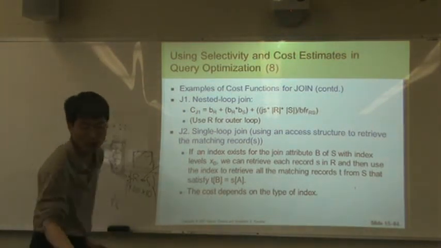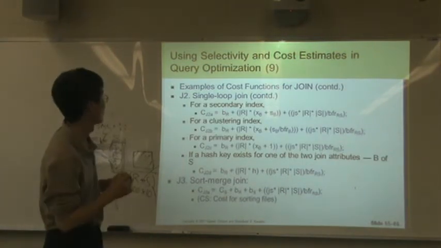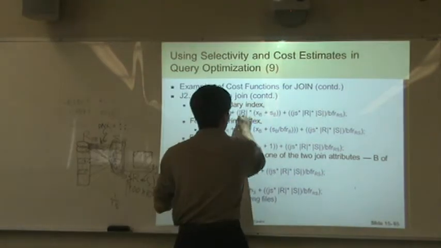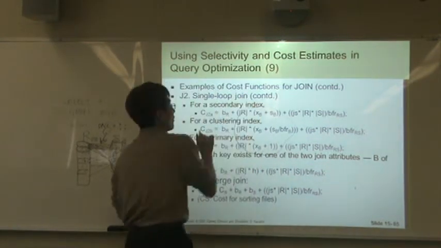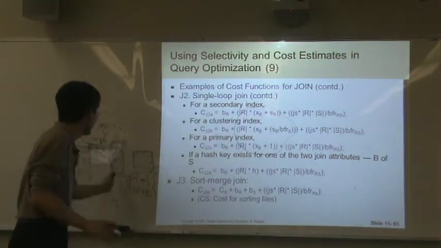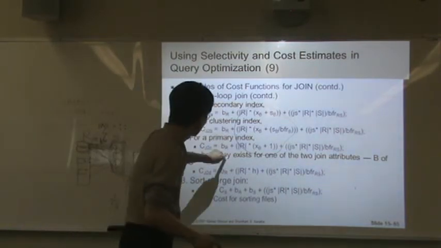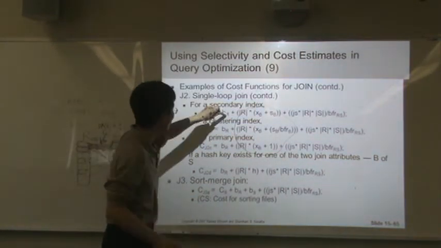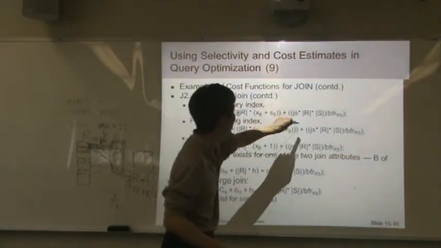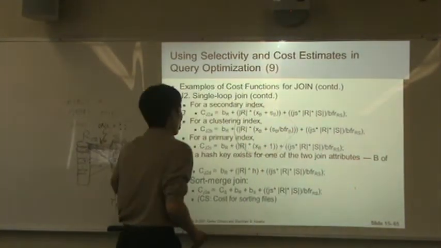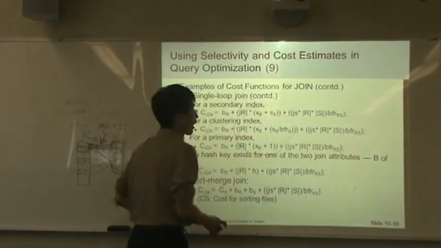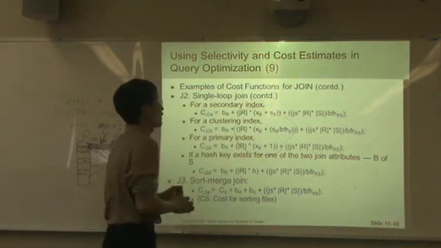Then just one, which means you can see this part as the cost of accessing the index instead of all of S. So for each row of the outer table, and this is a join, after the join you need to access this one. They are common. This part is the index.